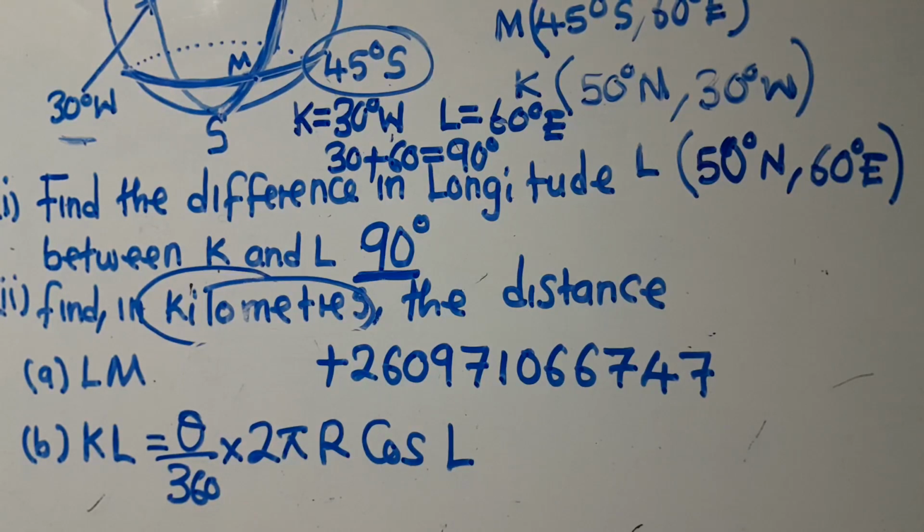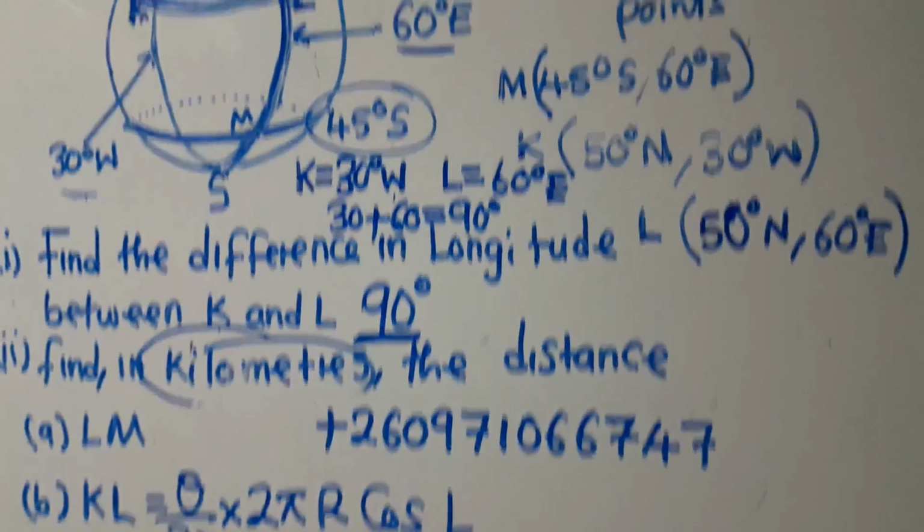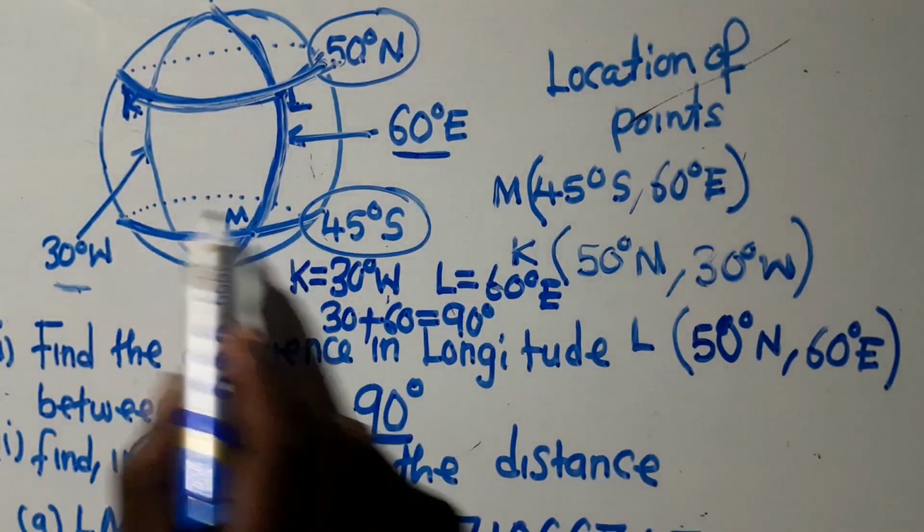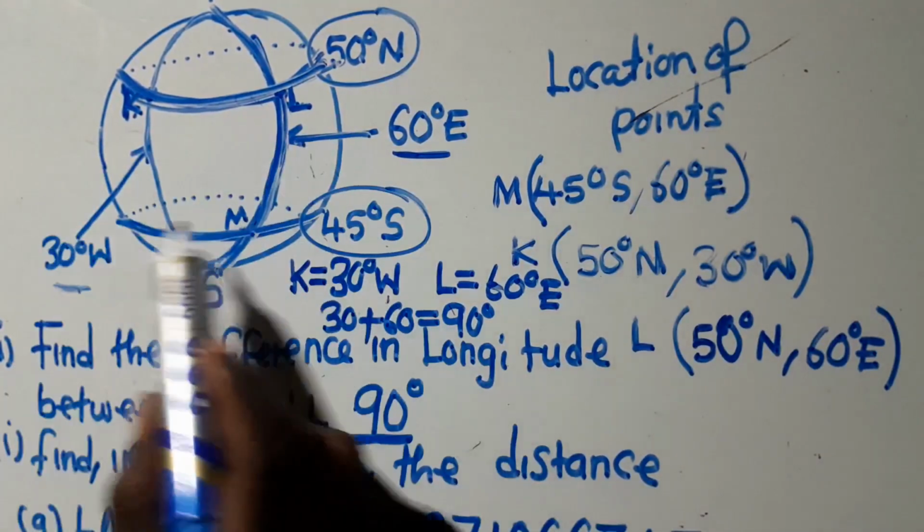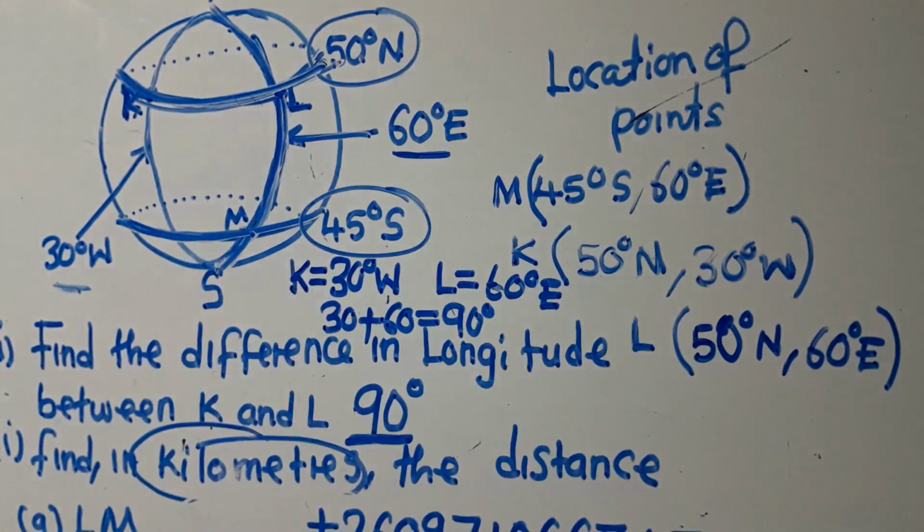But all the longitudes have got the same radius as that of the Earth. But latitudes, they get to differ. You know that the circle here is smaller than the circle that is somewhere there. So only on the equator, when you want to calculate distance on the latitude and you discover that that distance is on the equator, that's when we use the formula of those longitudes.